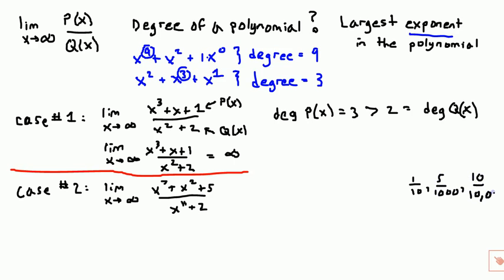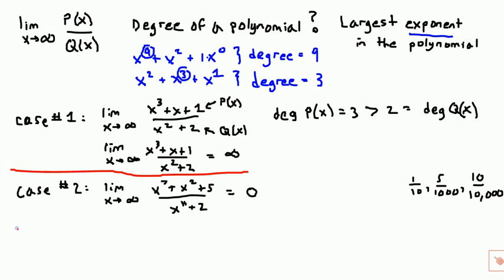Maybe 10 over 10,000. In this kind of sequence, the numbers are getting closer and closer to 0. So the limit's equal to 0. And that's because the degree of the denominator is larger than that of the numerator. 11 is bigger than 7.